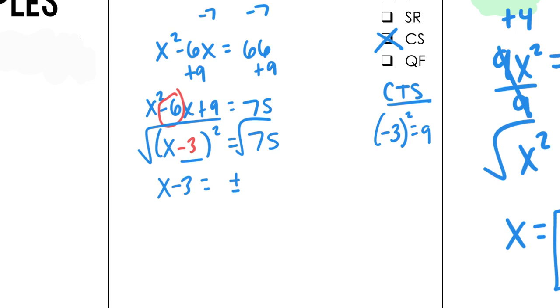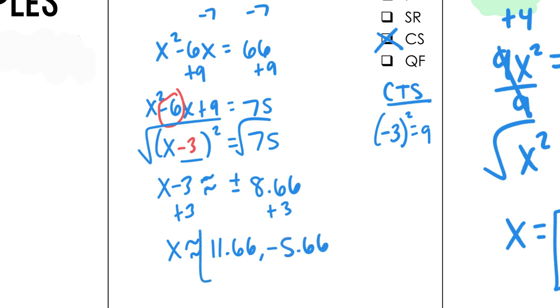So we get 8.66. Solve that for x, so add 3. So we get x is approximately equal to, this should be approximate too actually because I rounded, positive 8.66 plus 3 is 11.66. Negative 8.66 plus 3 is negative 5.66. So those are your two solutions there.